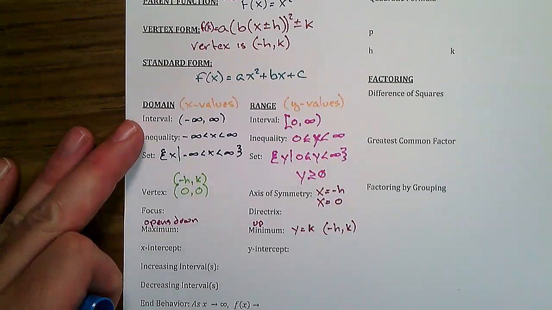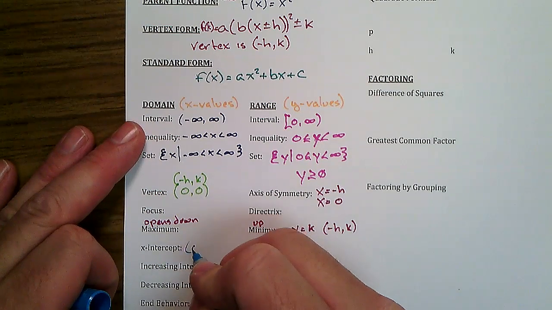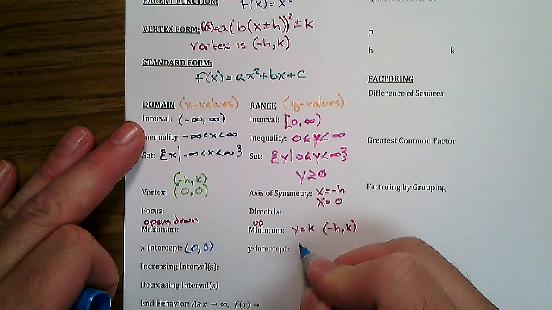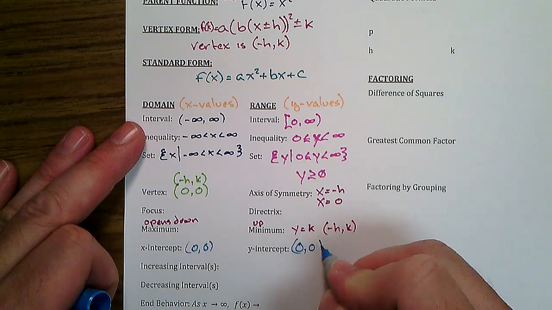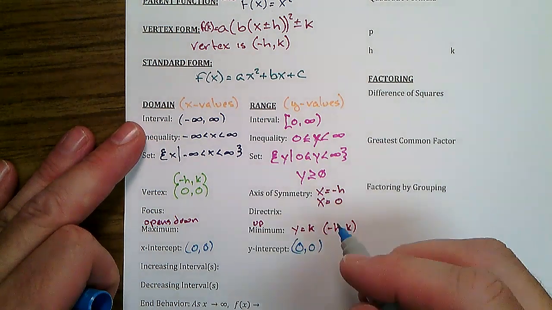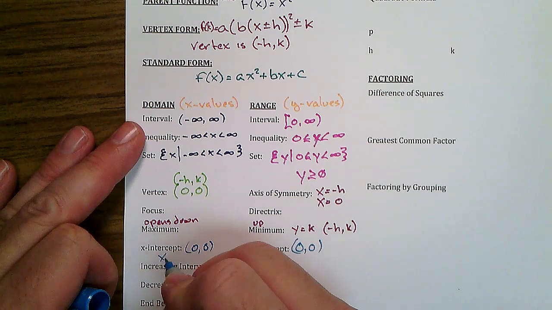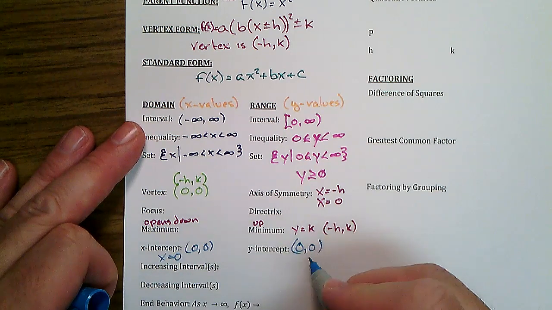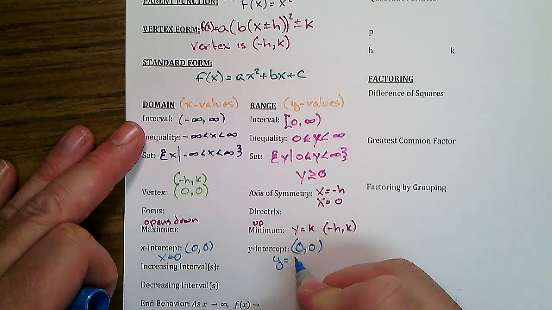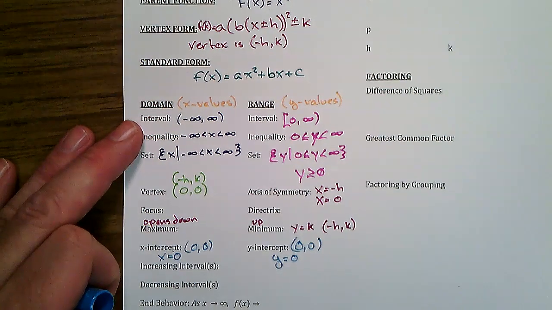So we're going to come down here for this one, and we're just going to say 0, 0 and 0, 0. And we could also say the x value, so x equals 0, or the y value, y equals 0, to say when it crosses.